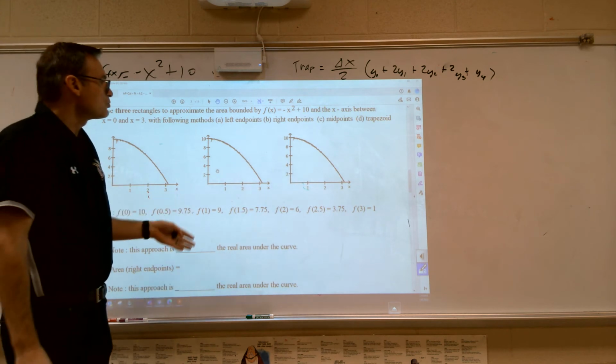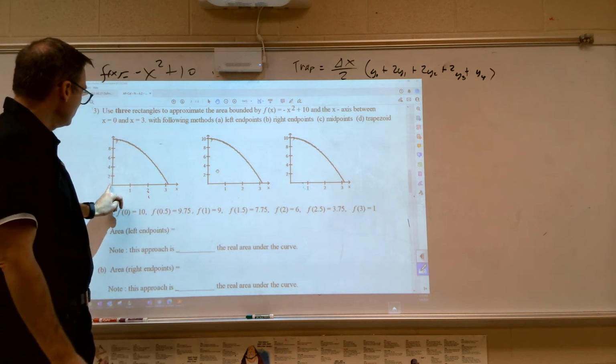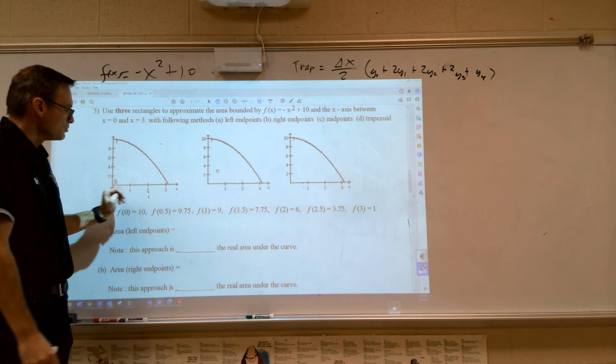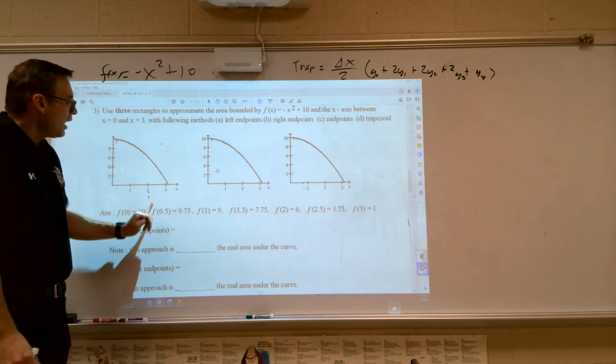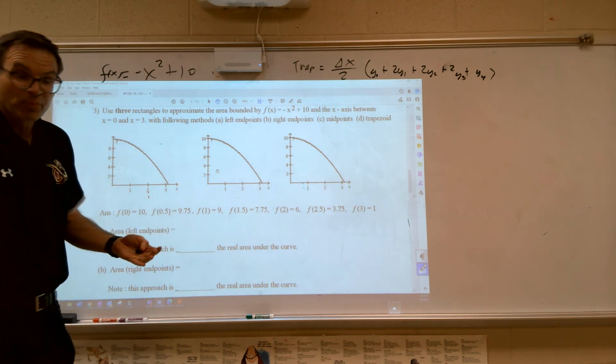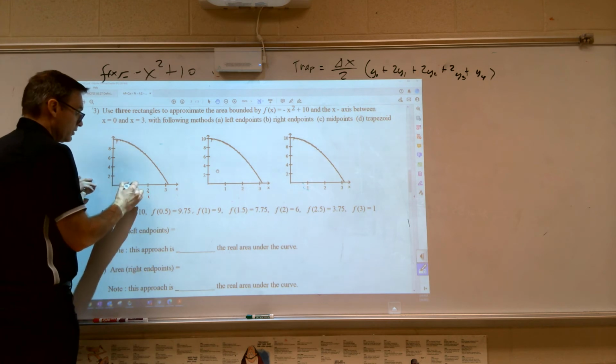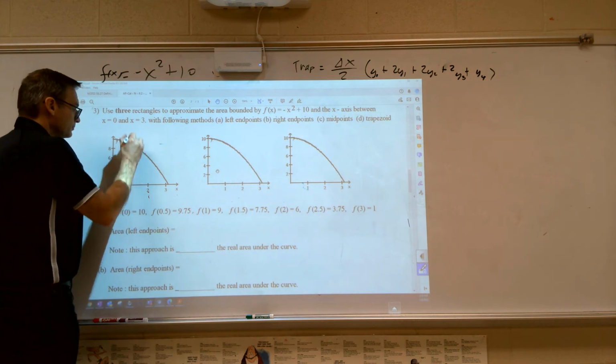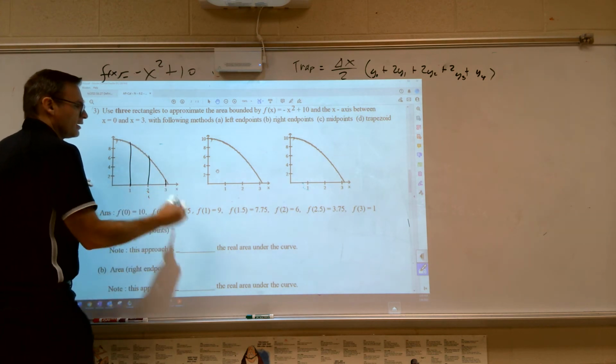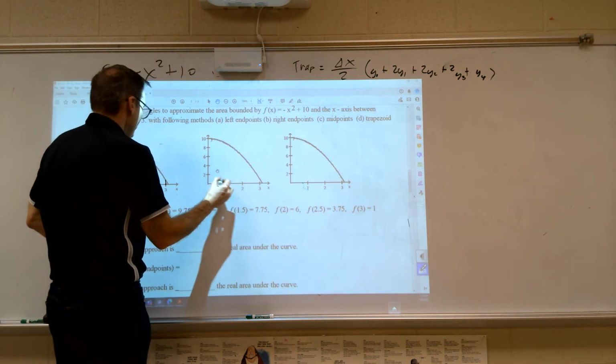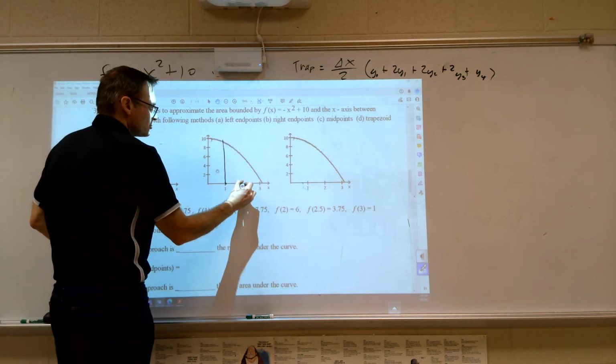And we are interested in approximating the area from 0 to 3, right? I want 3 partitions. So I'm going to go ahead and draw those.